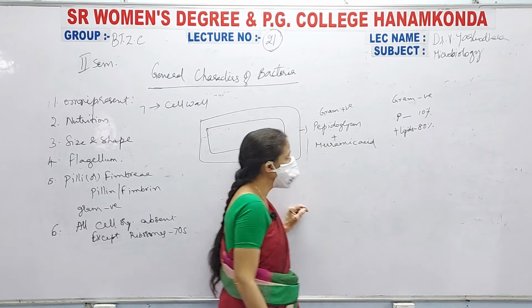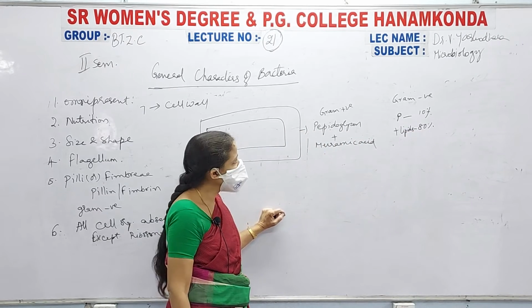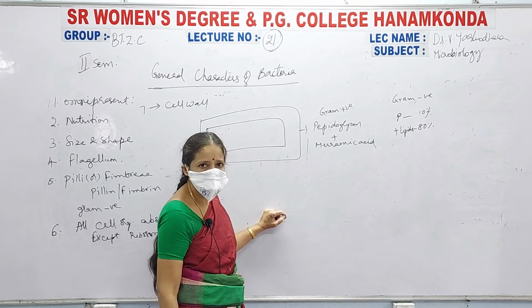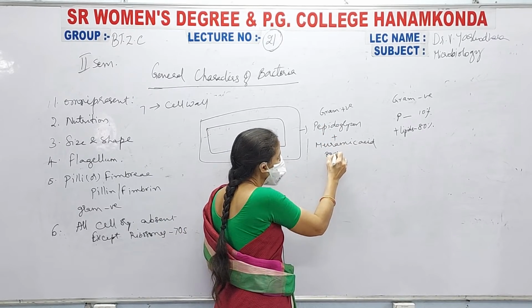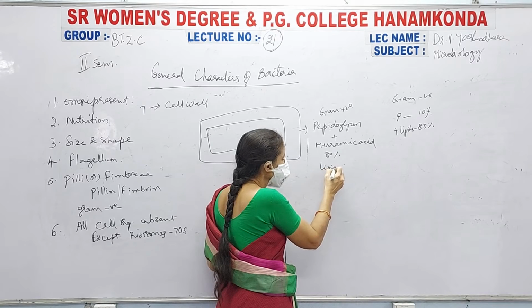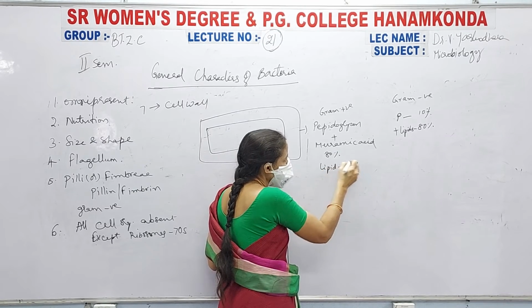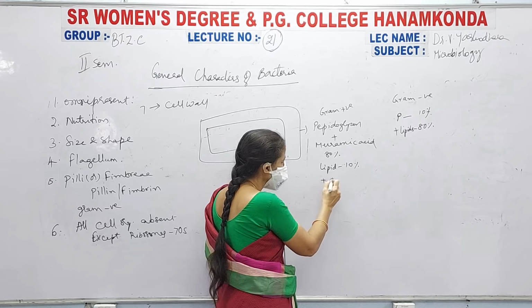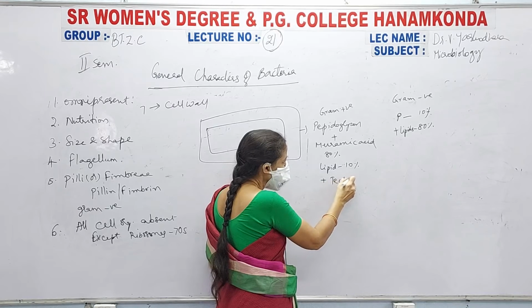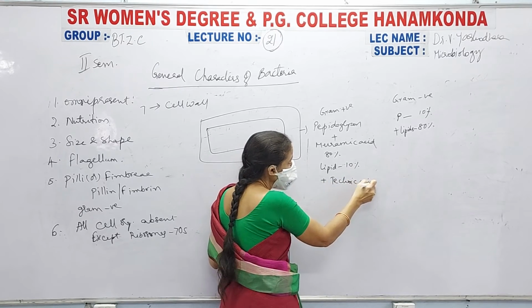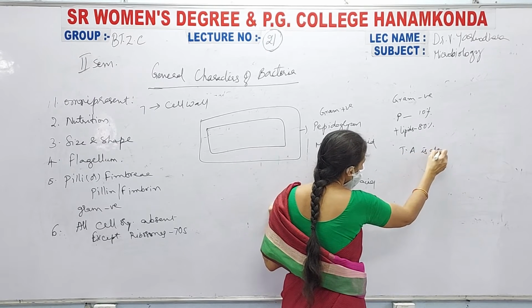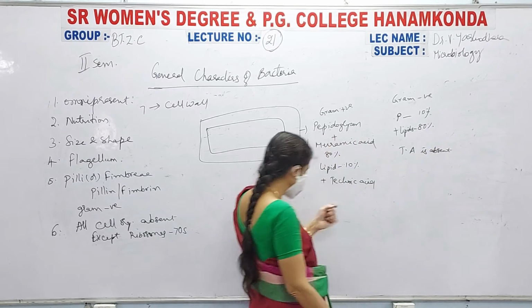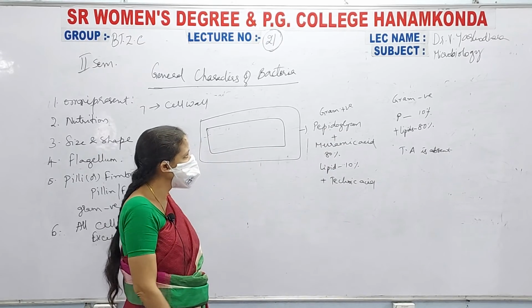In gram negative, the peptidoglycan layer is 10% and lipids are 80%, and in gram positive, peptidoglycan is 80% and lipid is 10%. Gram positive bacteria contain teichoic acid. In gram negative bacteria, teichoic acid is absent.